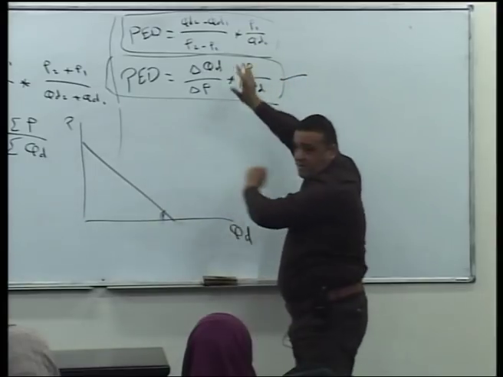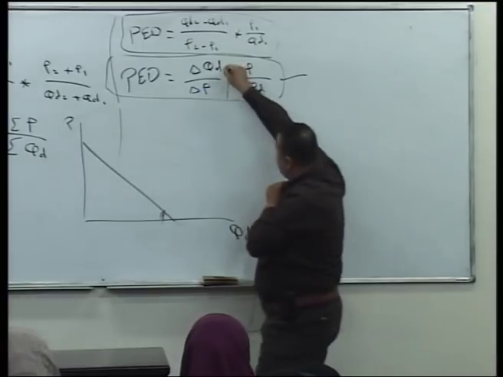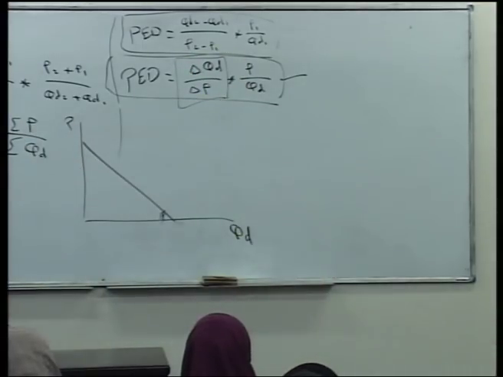Here's the general formula for the price elasticity of demand. This part is the opposite of the slope here, the inverse. Right?